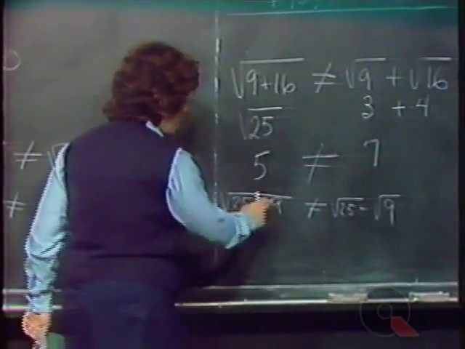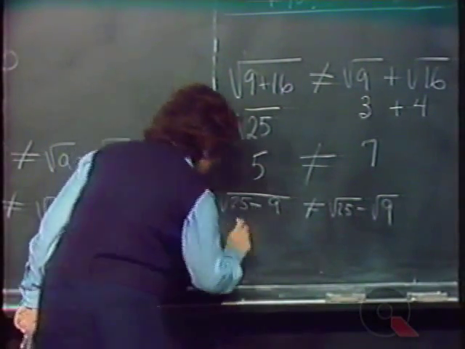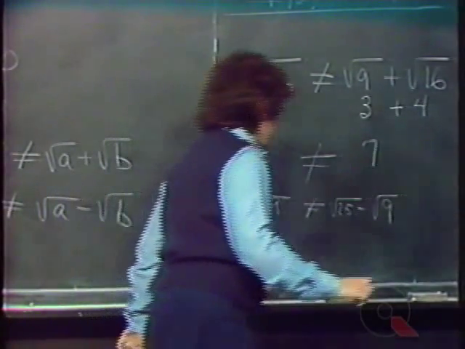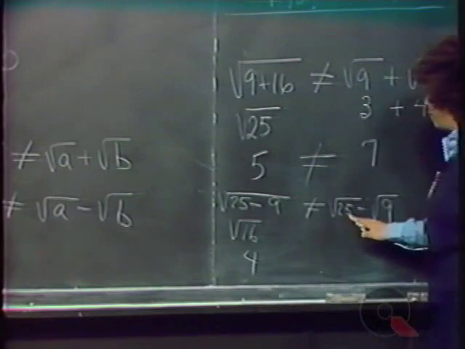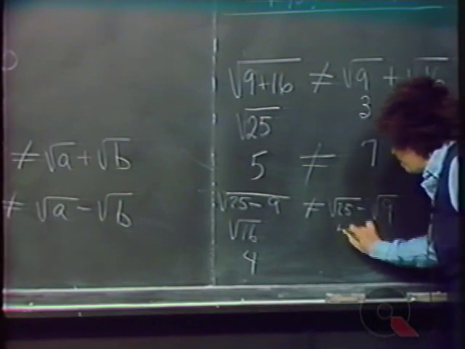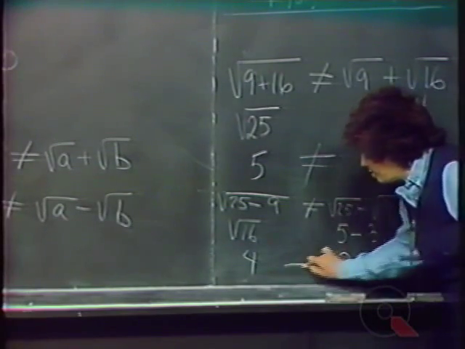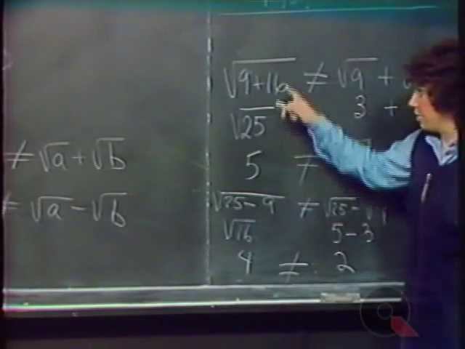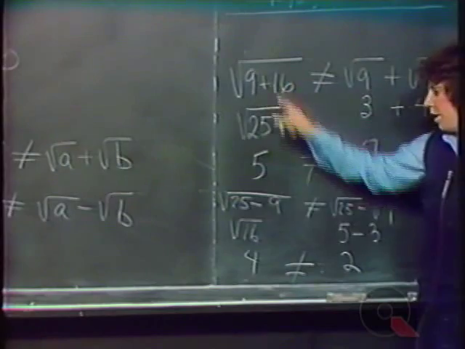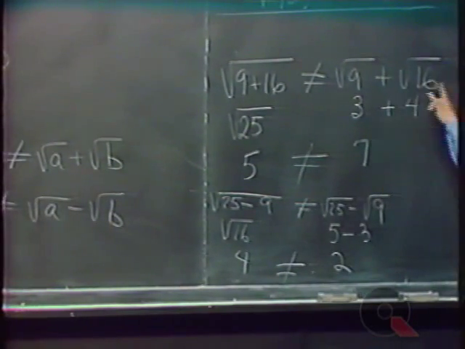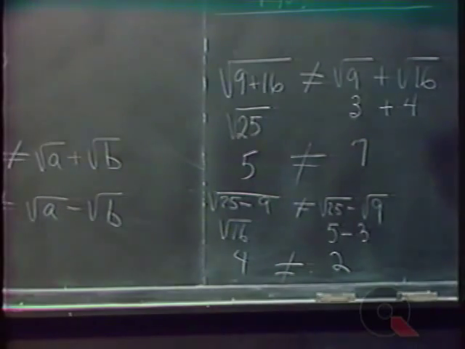You have to say 25 minus 9 is 16, and the square root of 16 is 4. That is the correct answer. If you do it this way, the square root of 25 is 5. The square root of 9 is 3, and we get 2, and that is incorrect. So in these problems, you simply add them together or subtract them and get the square root of the result. You cannot use this kind of a rule.